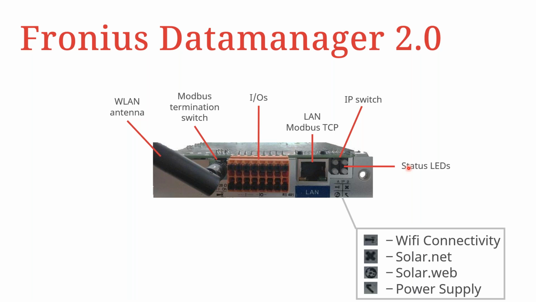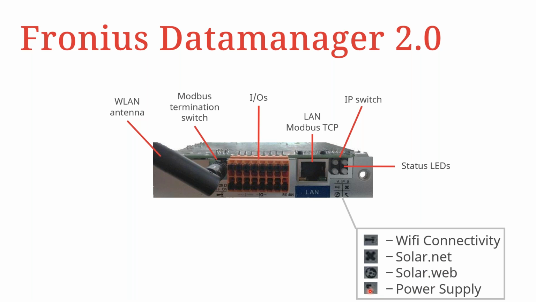So I just did an extra to show what these symbols actually represent, the functions of these respective LEDs. To start off with, the antenna symbol basically stands for the Wi-Fi connectivity. The X here stands for the SolarNet connection. The globe icon represents SolarWeb connectivity.